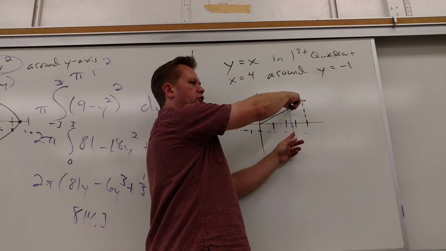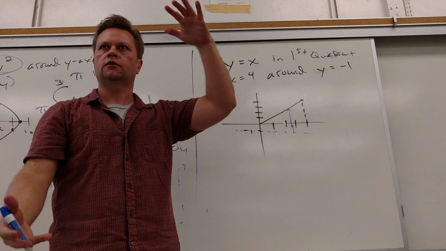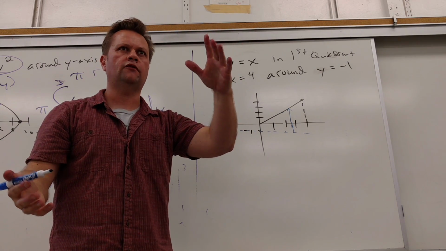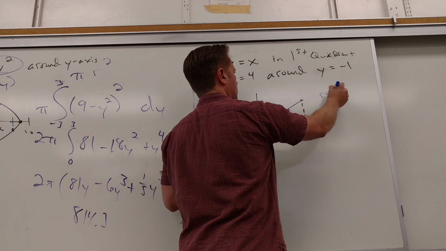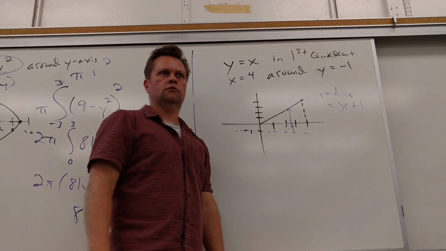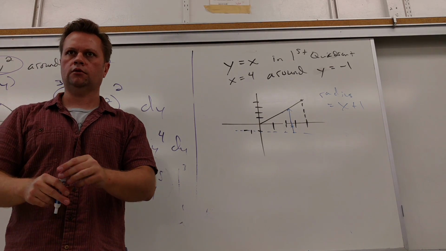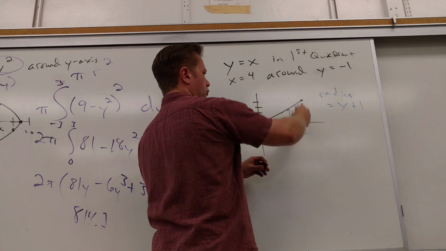So it's always the outer edge minus where you started from. That's how you're going to figure out how far apart it really is. Does that make sense? How far apart are two things? You take the difference, right? So my radius in this case is going to be x minus negative 1, x plus 1. Cool. That's the outer radius.